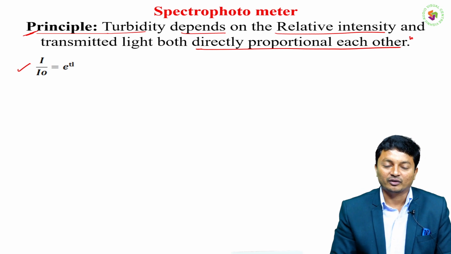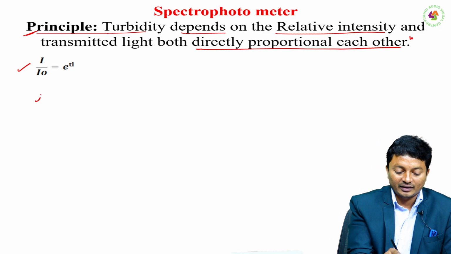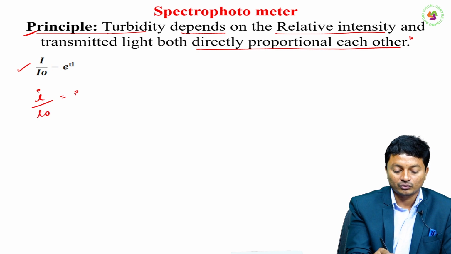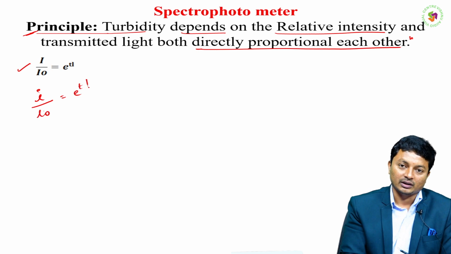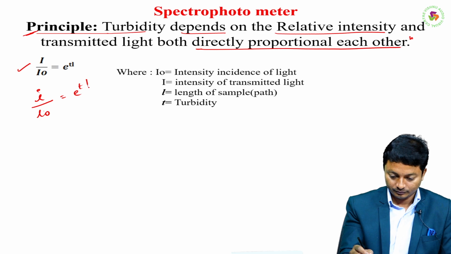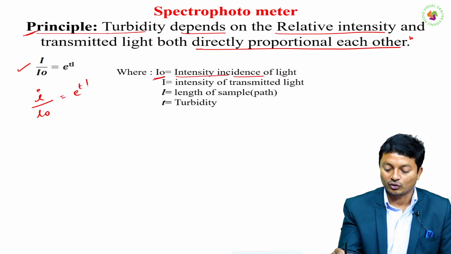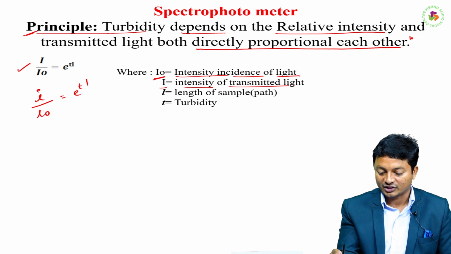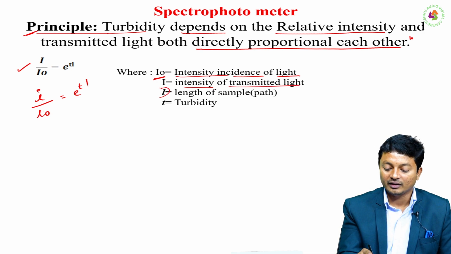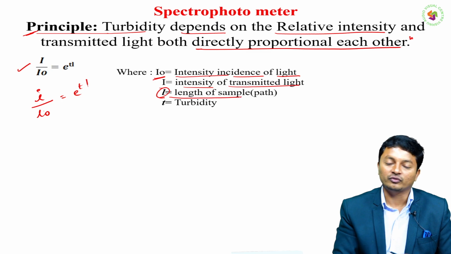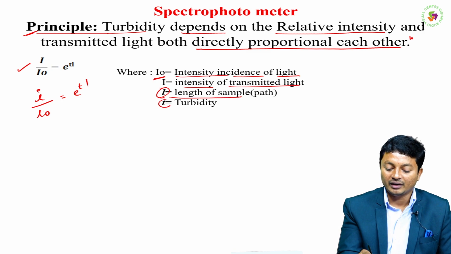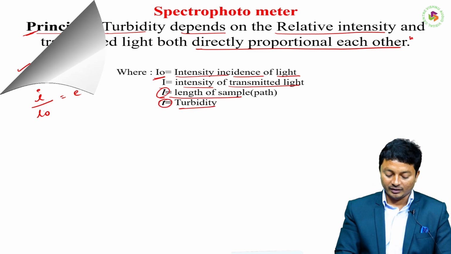Here I naught indicates the intensity of incident light, I indicates the intensity of transmitted light, L indicates the length of the sample, and T indicates the turbidity.